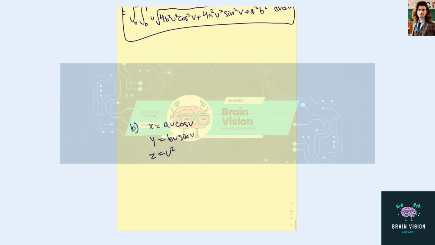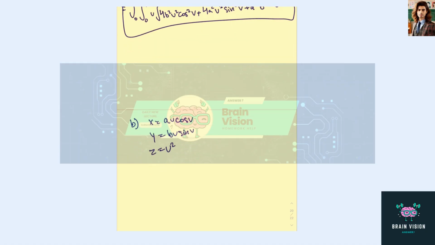Then we divide both sides of equation 1, so we get u cosine v is equal to x over a. If we square both sides, we get that (x over a) squared equals u squared cosine squared v. Doing the same method, we get that (y over b) squared equals u squared sine squared v.